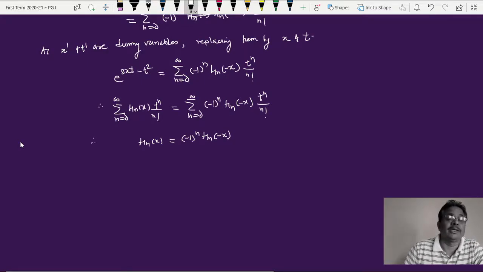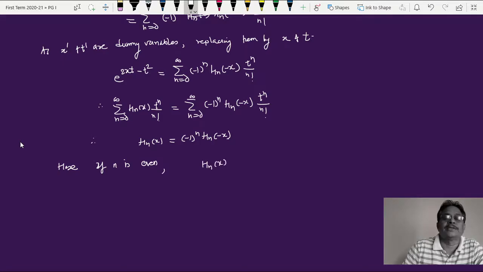Or here we can write explicitly, if n is even, then hn of x is equal to, even means there is going to be 1 here, so hn of minus x. The polynomial has even parity.